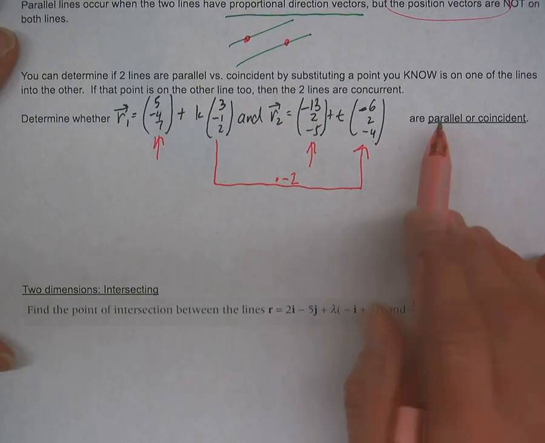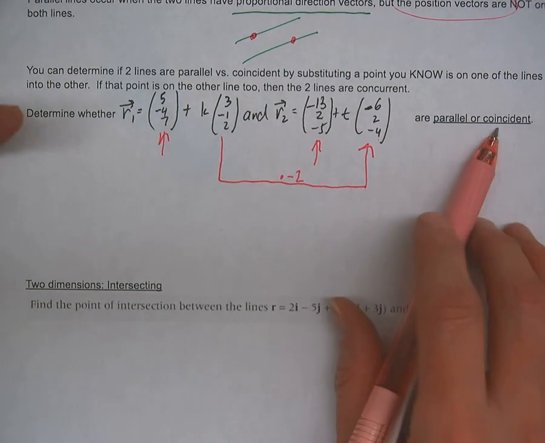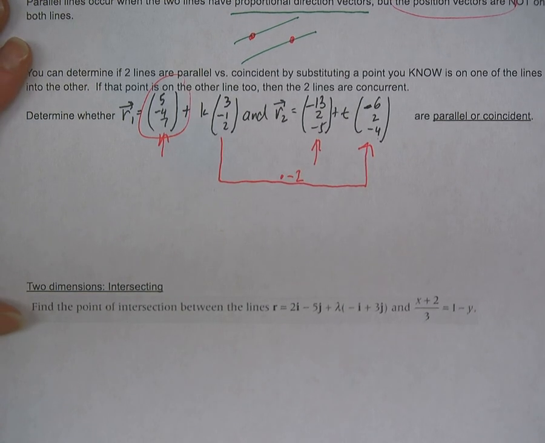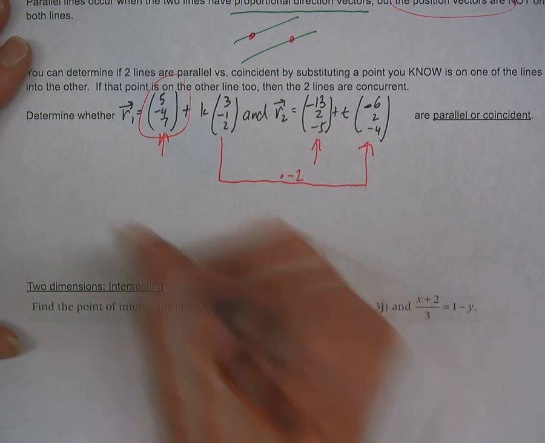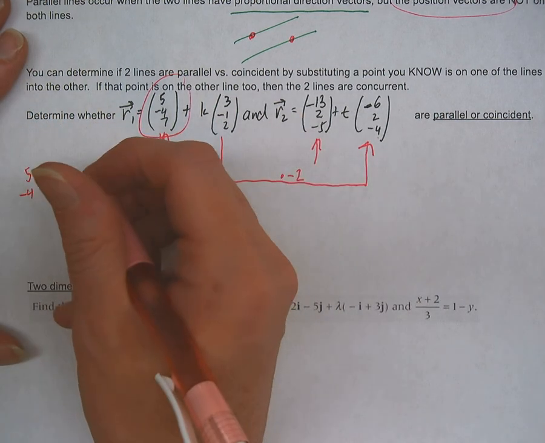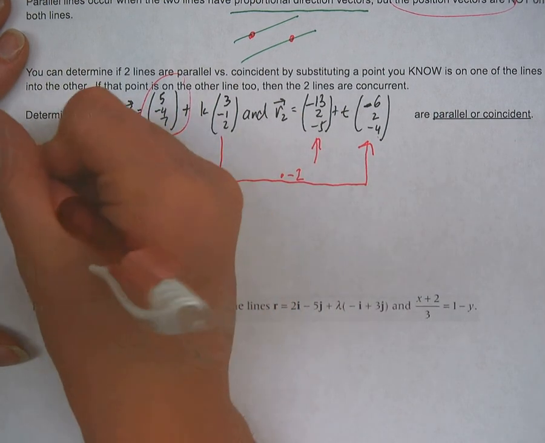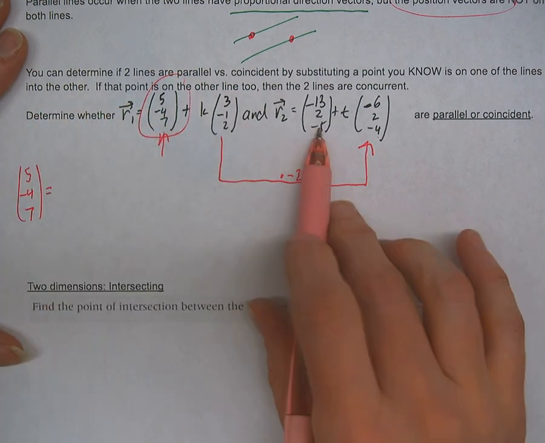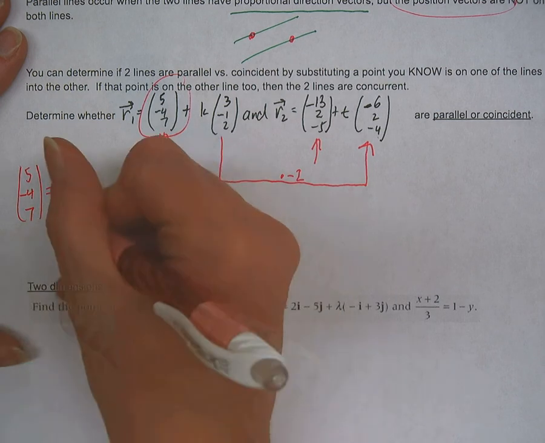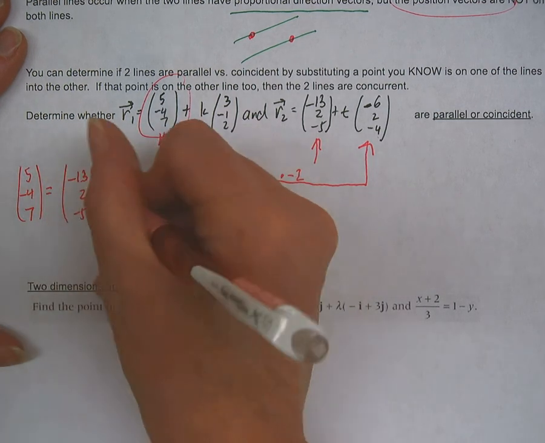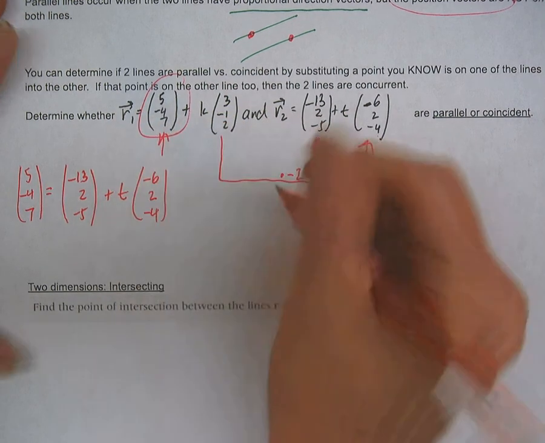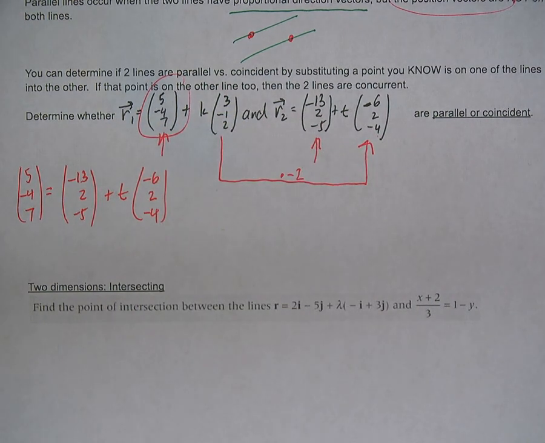Now, what we do to figure out whether they are parallel or coincident is we take one of the points and we substitute it into the other vector equation, and we see what happens. So if I substitute 4, negative 5, 7 into R2's equation, we can solve to figure out what t is.